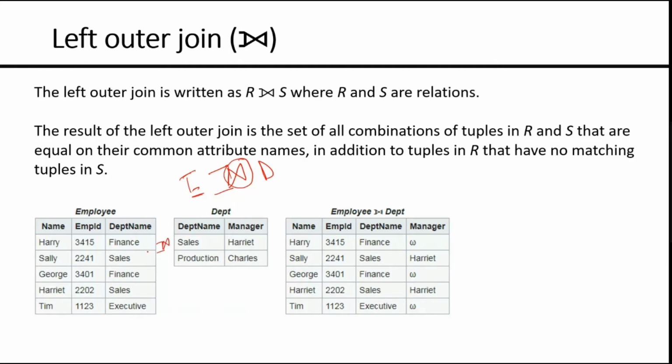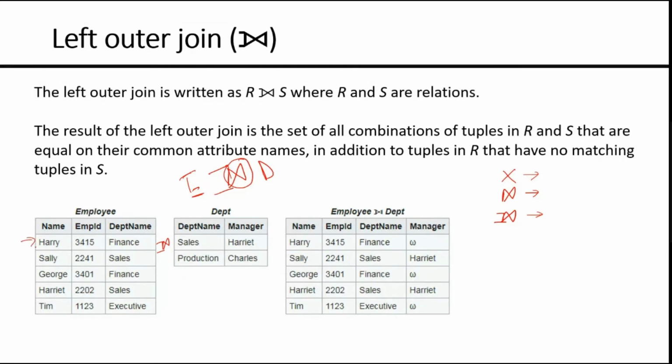Exactly the same process as the natural join. See, cross product and then natural join, and then I'm coming to the left outer join. If you have understood cross product, I think there is no problem in natural join. And if you have understood the natural join, there would be no problem in left outer join.